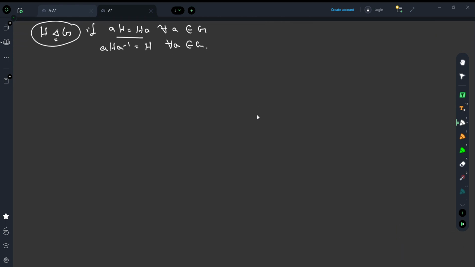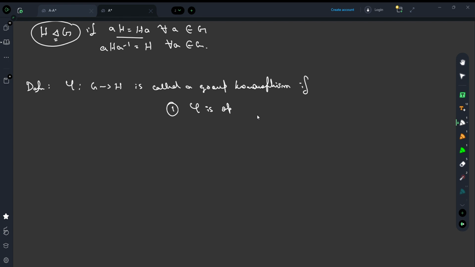I guess I have also discussed this in the previous lecture, but let us do it for completeness. A map phi from G to H is called a group homomorphism, where G and H are both groups, if phi is operation preserving.